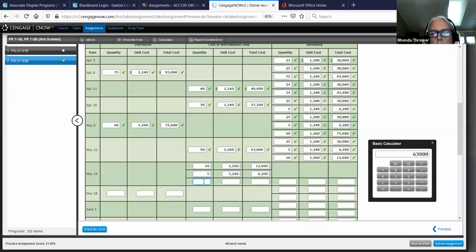And now remember, you sold 20 units, you've accounted for 15, so the remaining 5 are going to come out of our beginning inventory. So 5 times 1,200 is 6,000 that came out of beginning inventory, $6,000 worth.